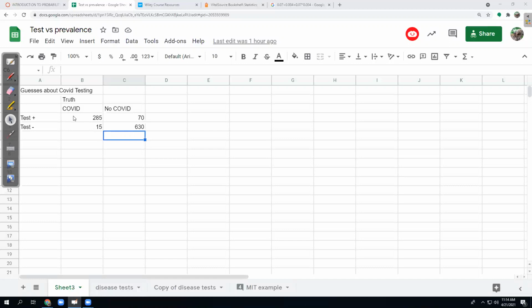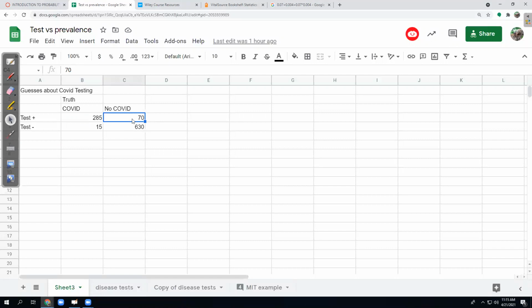So let's suppose we had this data about a test and I have 285 people that had COVID and tested positive, right? So and is when a row and a column intersect. I have 15 people that had COVID, but they tested negative.